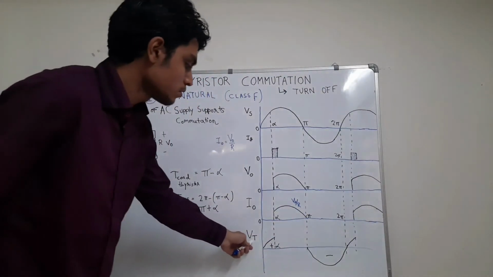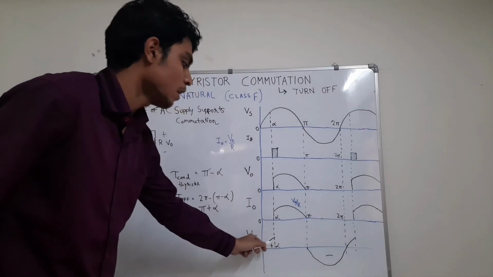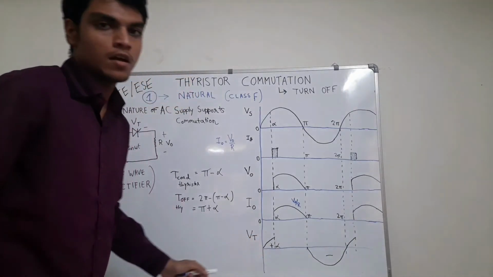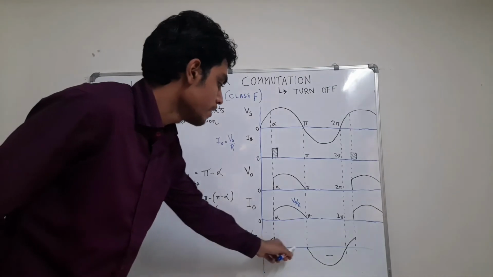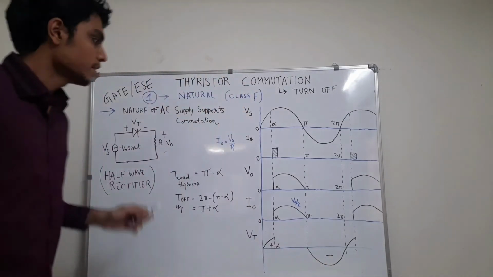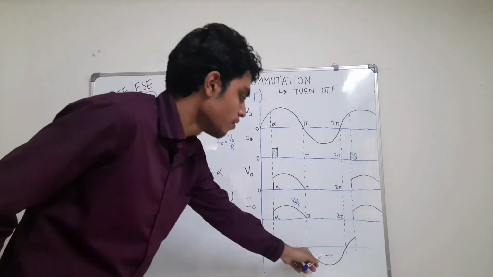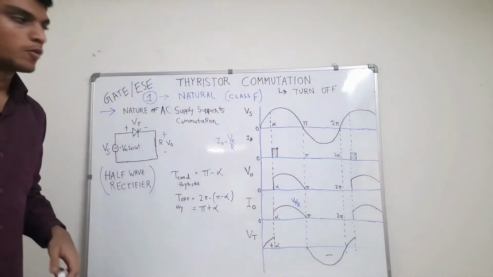The voltage across the thyristor, from 0 to alpha, is in forward blocking mode. Here it is conducting in forward conduction mode, and when the voltage across the thyristor becomes negative due to the Vs waveform, it is in reverse blocking mode.